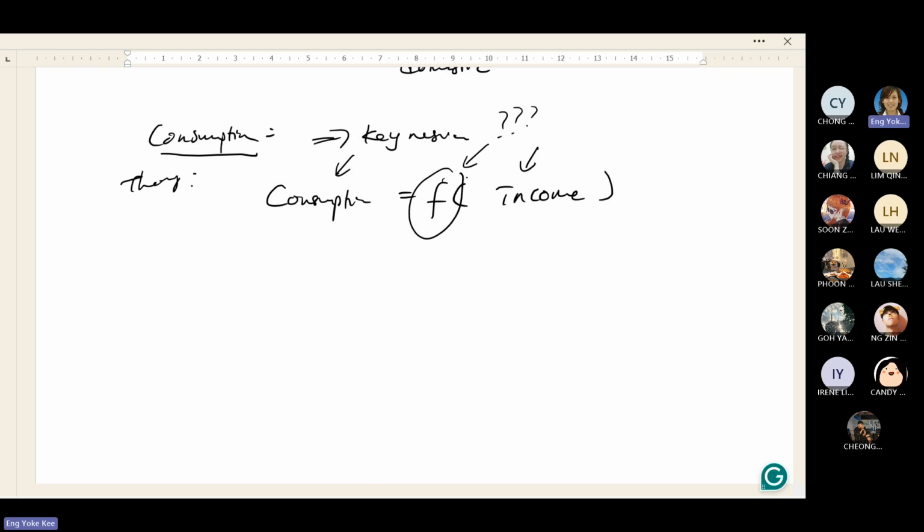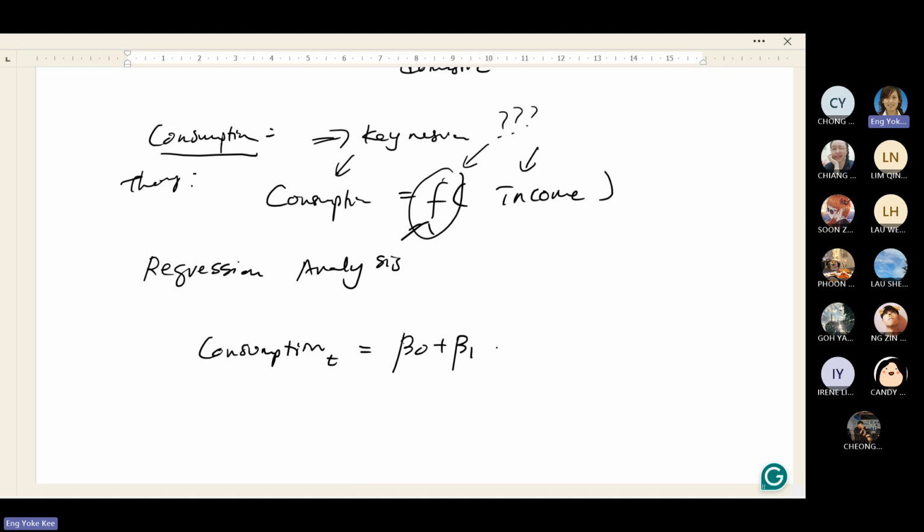So now you would like to examine this. You would like to look at the consumption pattern of Malaysians. Let's say you're going to use regression analysis to quantify this function. So what you do is try to get the consumption data, and then you use regression analysis.